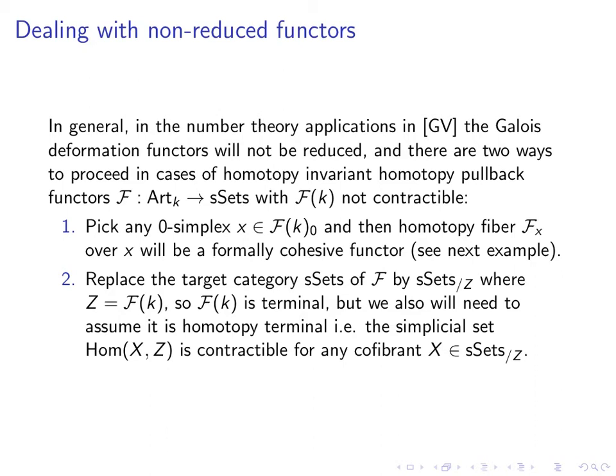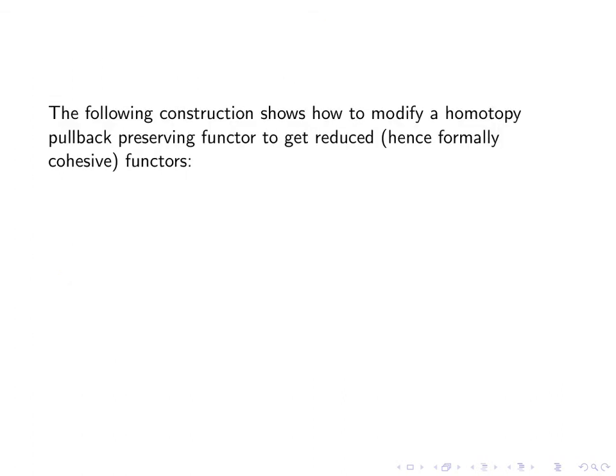Or the second thing is you can replace the target category of simplicial sets by simplicial sets with maps to Z, where Z is F of k. And so F of k is terminal, but we'll need to additionally assume that it's homotopy terminal in order to get a reduced functor F on Artin simplicial rings to simplicial sets with maps to Z. The following simple construction shows how to modify a homotopy pullback preserving functor to get a reduced and hence formally cohesive functor.